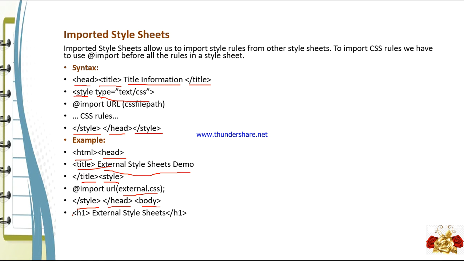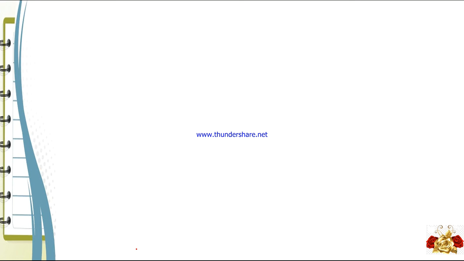Give the body a heading. The heading name is external style sheet, close heading. And then continue with a paragraph. Open paragraph, within the paragraph external style sheet, close paragraph. So close body and close html. This is the example for the imported style sheet.